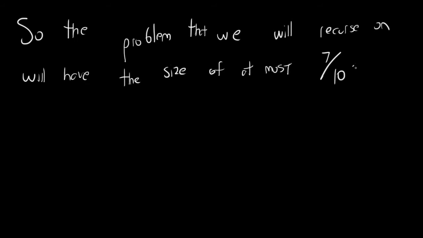So that's going to be pretty good, right? The worst case is that the problem that we are going to recurse on will be at most 7/10 of the size, which is what we saw in the last video, right? We started to see that in the boundaries. So this is going to be a deterministic algorithm.